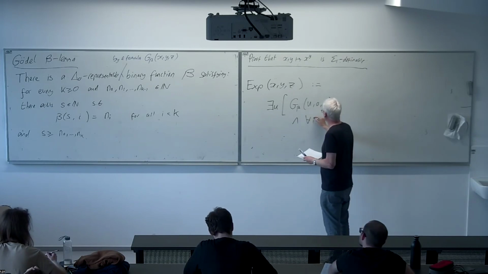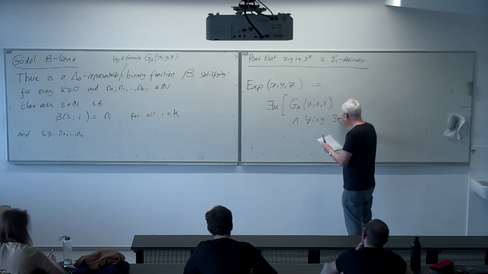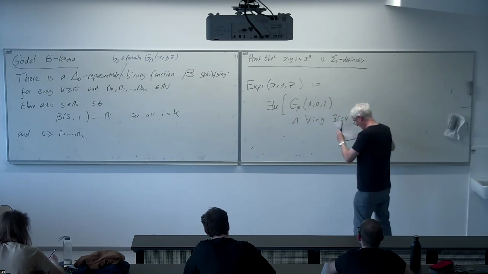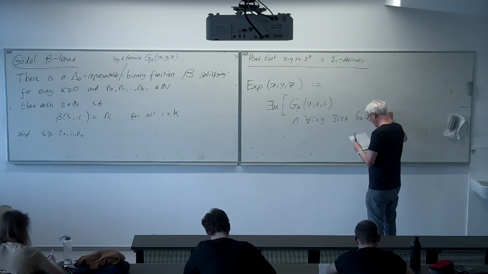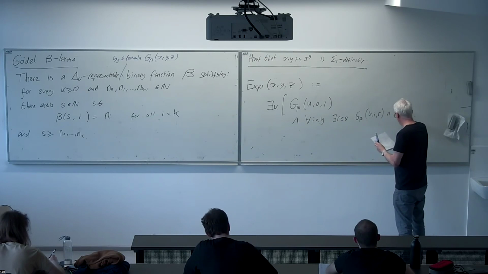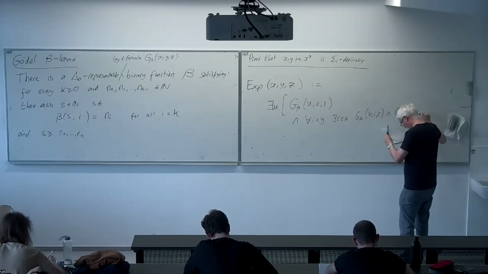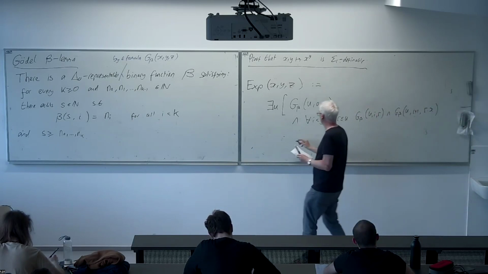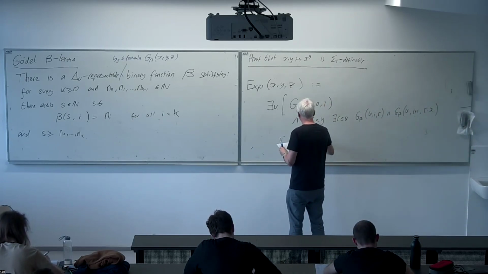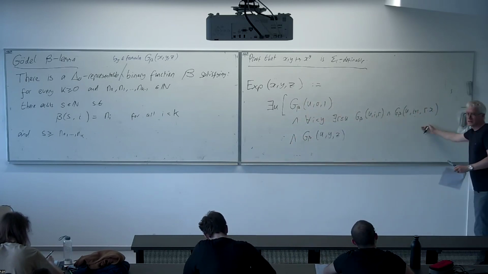For all I less than y, there exists an R less than or equal to U, such that G beta of U, I, R and G beta of U, I plus 1, R times x, and finally G beta of U, y, z. Okay, so that's it.